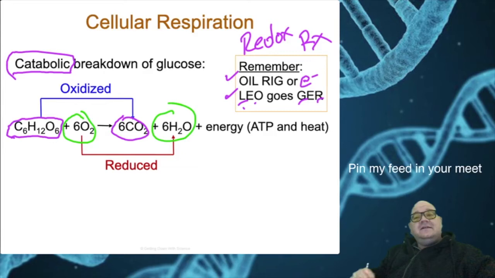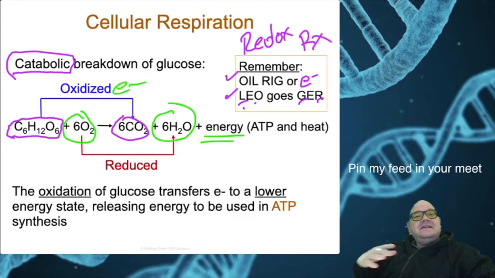So the oxidation of glucose, you transfer your electrons. And that step down of electrons, the breakdown, releases energy. And that released energy makes ATP for whatever's doing cellular respiration.